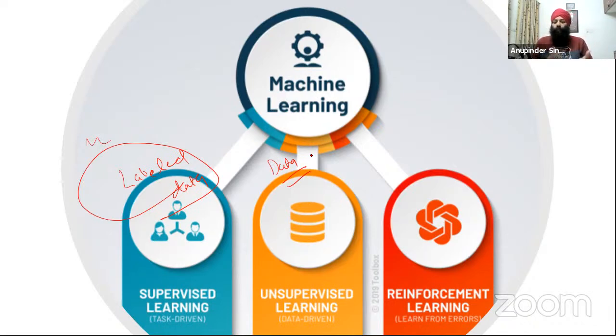So your program will look at the similarity: what email was received by the user other than Anupinder, and does that email have similar properties as the email Anupinder marked as spam? If the similarity index is high, that particular email can be marked spam as well, right?